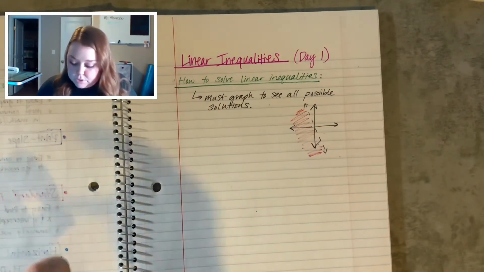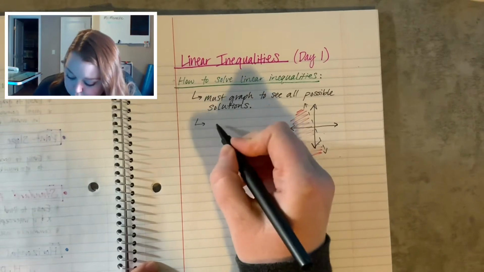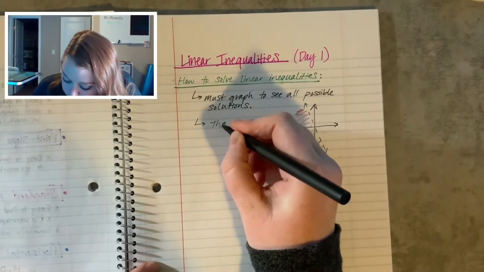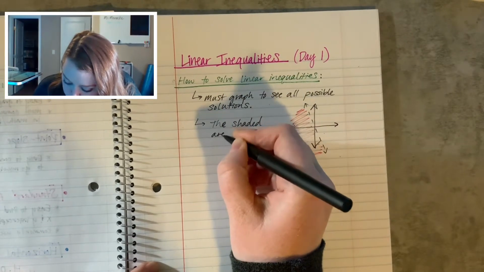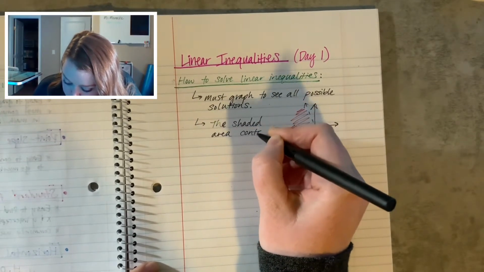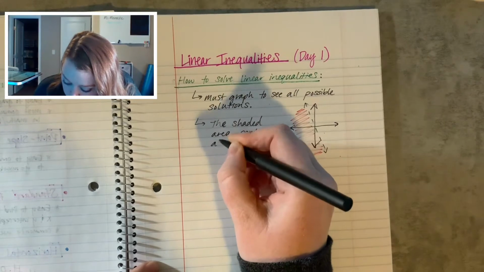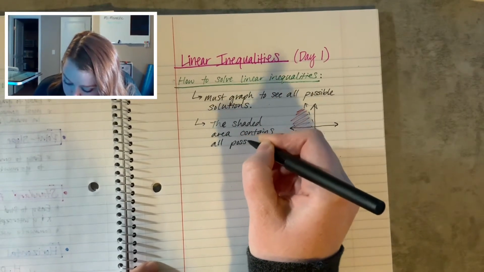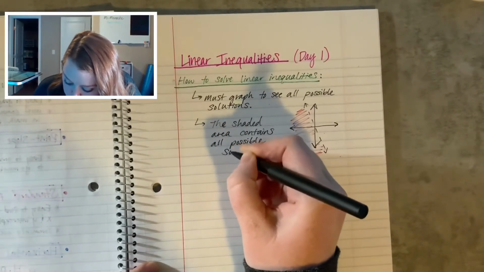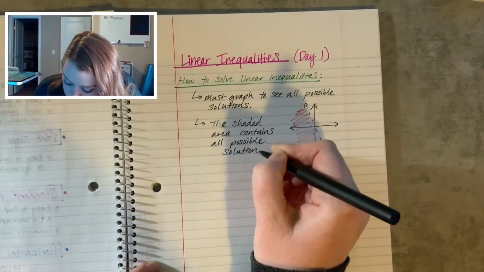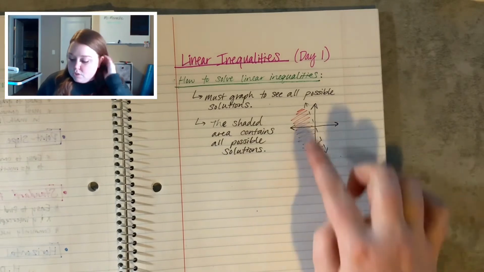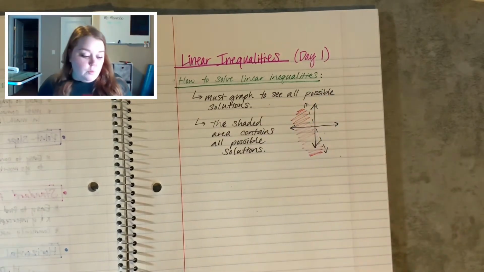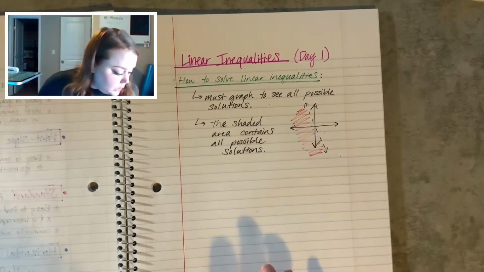Because in your notes, I want you to tell yourself that the shaded area contains all possible solutions. Okay, and solutions are answers. So the shaded area would contain all the possible answers. That's what the shading tells us.